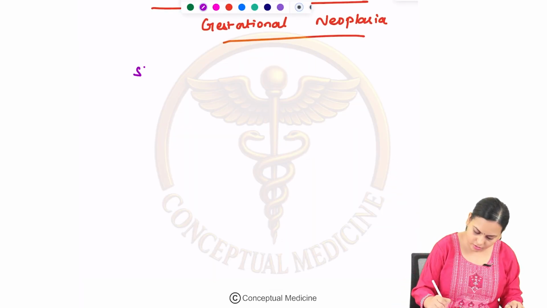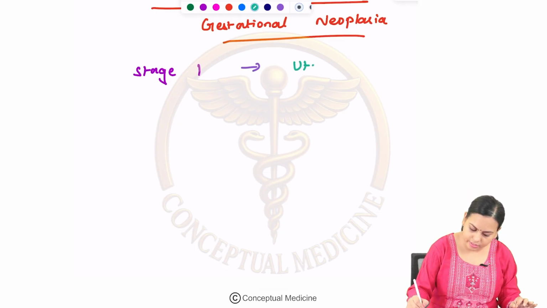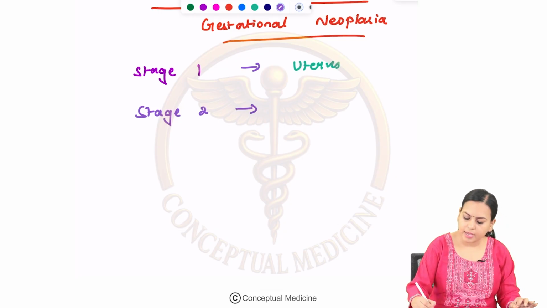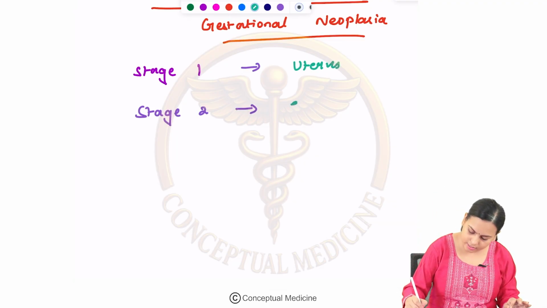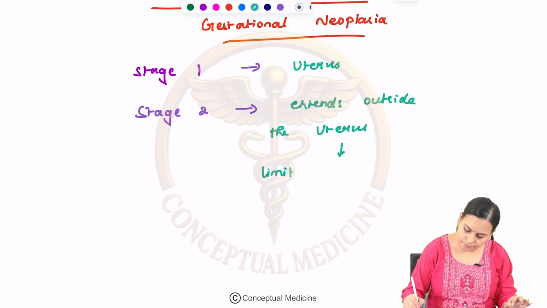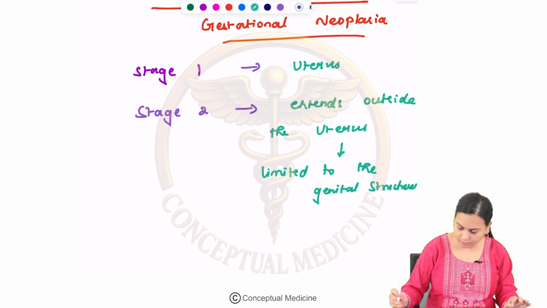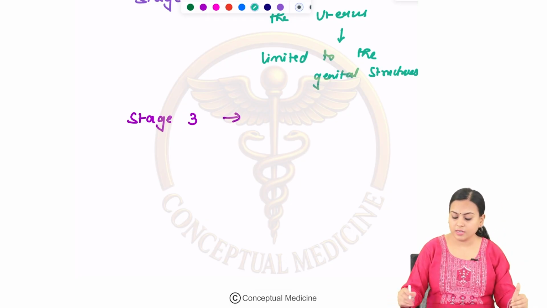The 4 stages are: stage 1, where the tumor is confined to the uterus; stage 2, where the tumor extends outside the uterus, but is limited to the genital structures; and stage 3, when it extends to the lung.